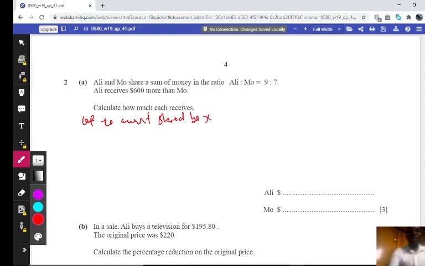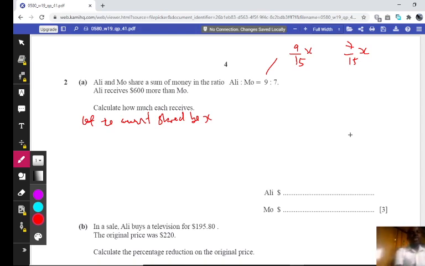So based on this ratio, it means Ali got 9/15 of x and Mo got 7/15 of x, x being the total amount of money that they shared together.